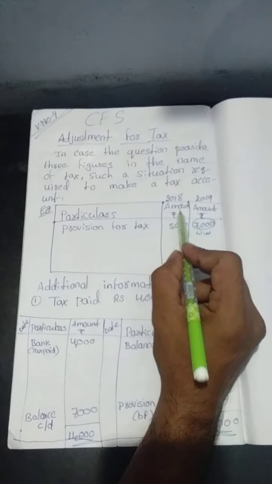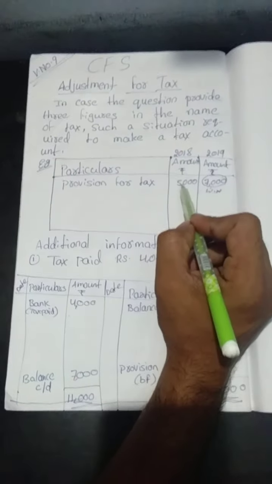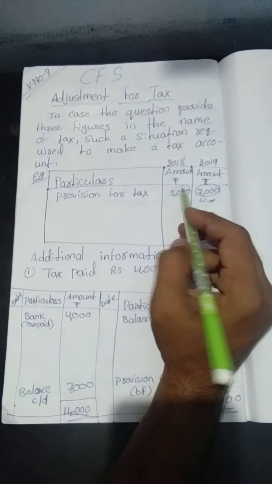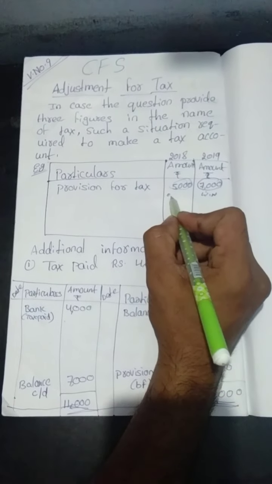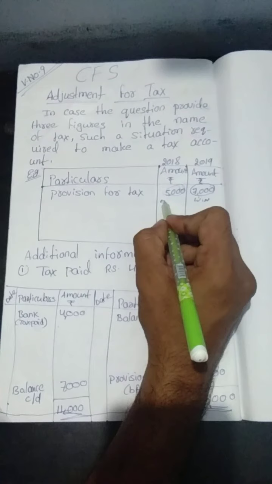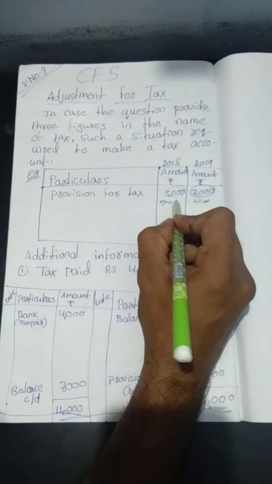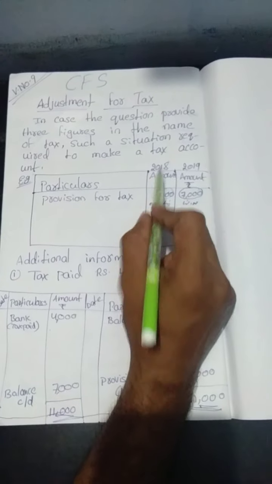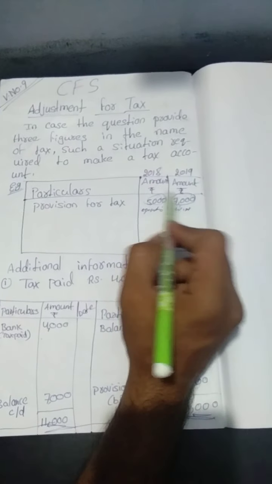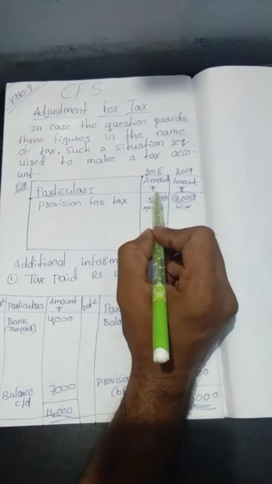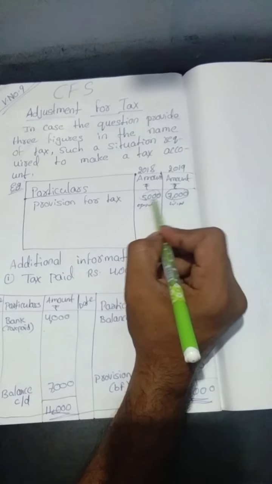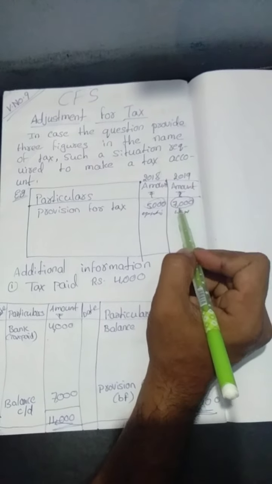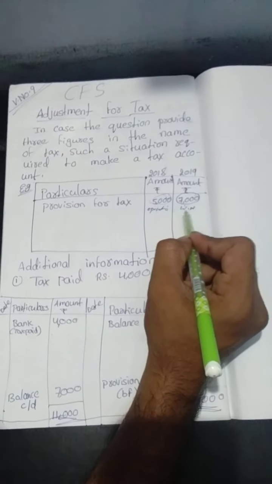The previous year's provision for tax we reduce at the end of the operating activity. If two years are given, the previous year we reduce in the operating activity, and the current year we add in the working note.